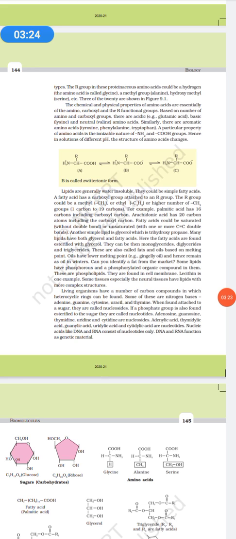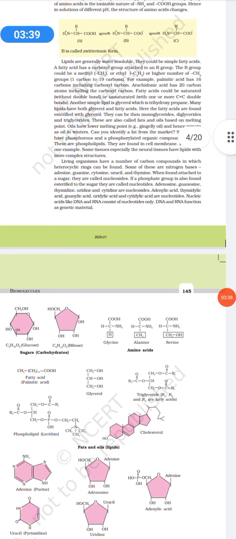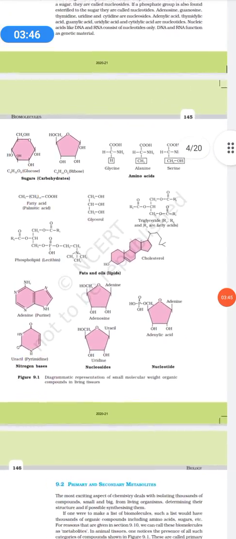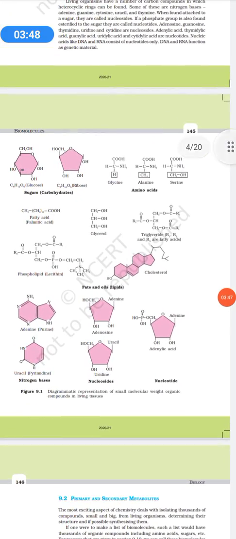Now, what is a Zwitter ion? It has a partial positive and a partial negative charge. So here is the Zwitter ion. Next we have DNA and RNA, which are the nucleic acids. We can see the carbohydrates, like glucose and ribose, which have carbon, hydrogen, and oxygen.